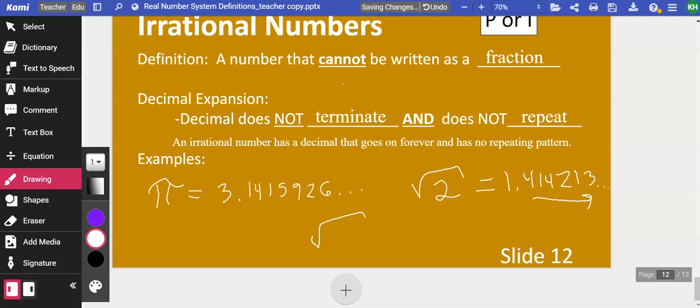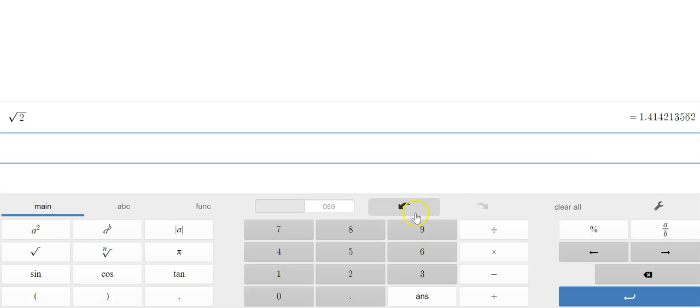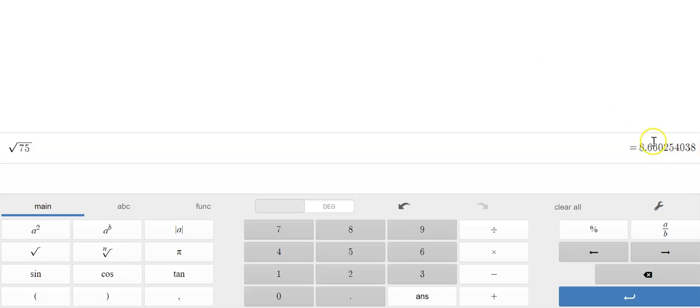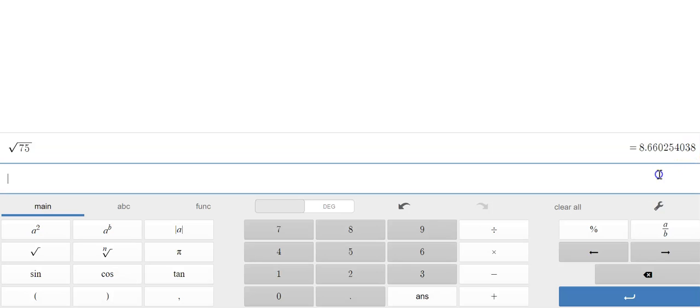The square root of 75. Let's type that into the calculator and see what we get. So the square root of 75 gives us 8.66025438. So there's not a pattern, and I know the calculator doesn't keep on going and going and going. It's just because it's programmed to not keep going because it would just fill the screen and it would never be finished.